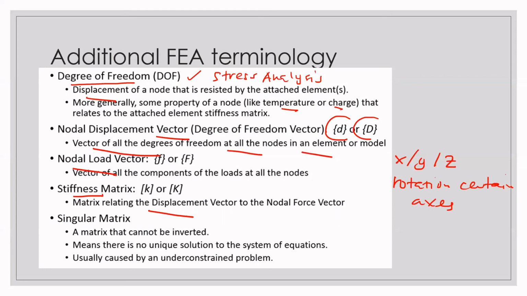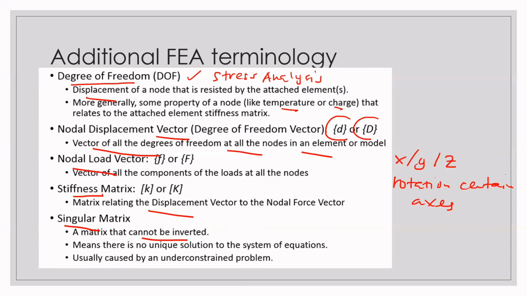And then finally, we have a singular matrix. It is another important concept that we need to have in FEA. This is a matrix that simply cannot be inverted. And we can evaluate it by determining the determinant of the matrix. If the determinant is 0, then the matrix cannot be inverted.